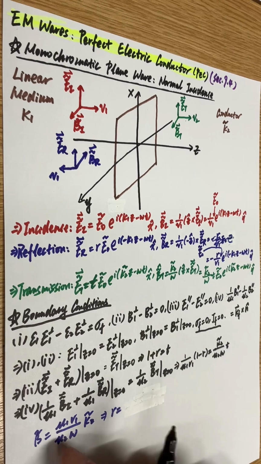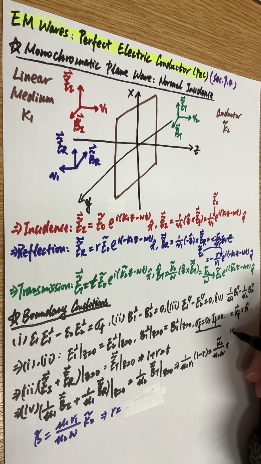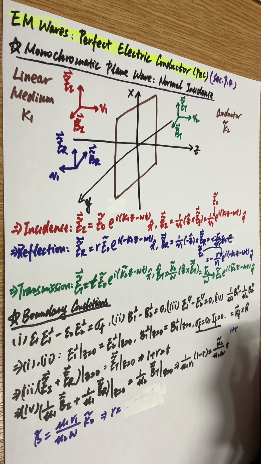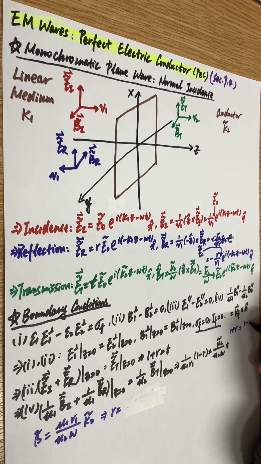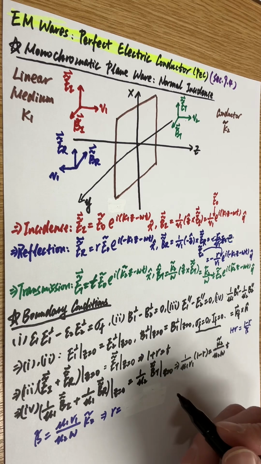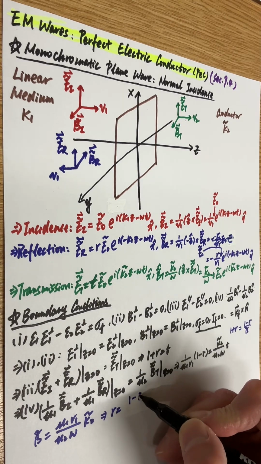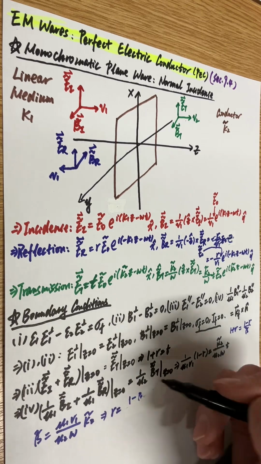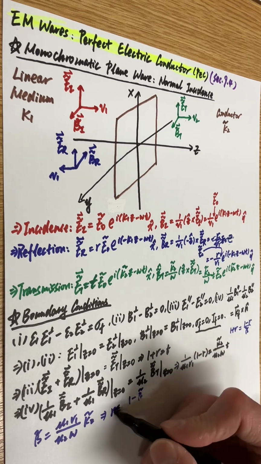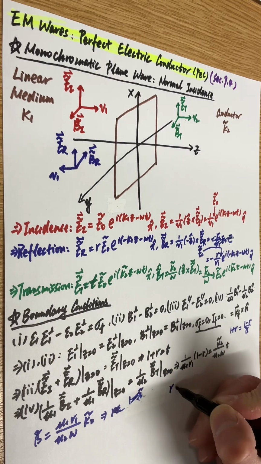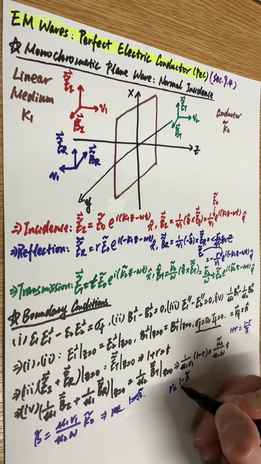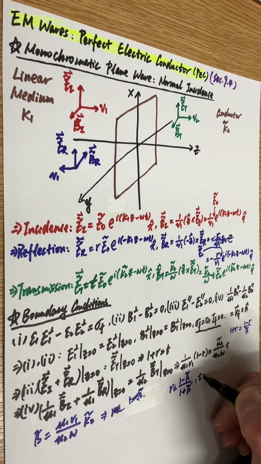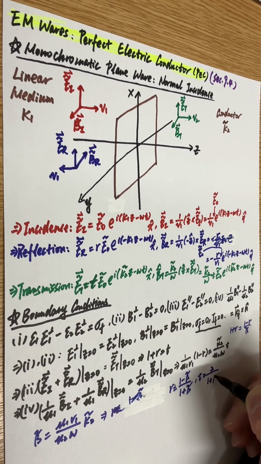So if we put beta here, we have 1 plus R equals T, and here we have 1 minus R divided by beta equals T. So this gives us R equals 1 minus beta divided by 1 plus beta, and then T equals 2 divided by 1 plus beta.